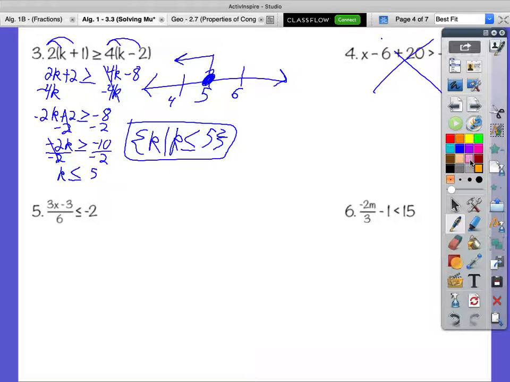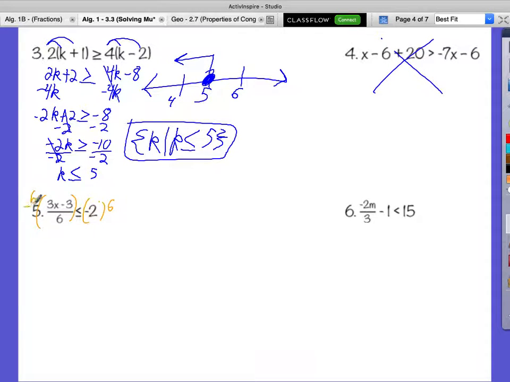Multiply both sides by 6, or 6 over 1. So what's going to happen with this 6 on the left side and this 6 in the denominator? They reduce, so 1. What's 1 times 3x? 3x. And what's 1 times negative 3? Negative 3. So 3x minus 3 is less than or equal to negative 2 times 6, which is negative 12.